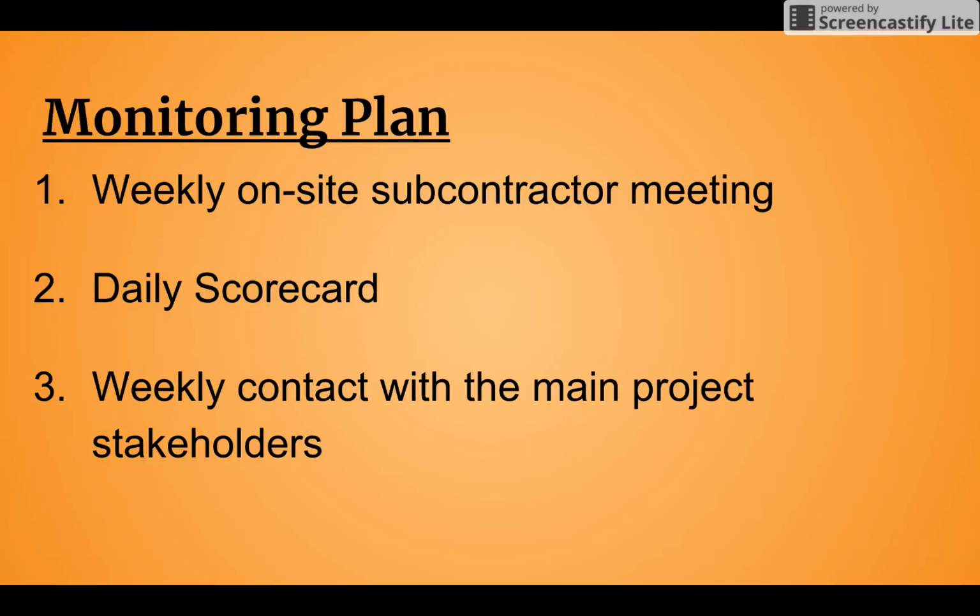The last monitoring tactic that will be used is basically just keeping in touch with the project stakeholders. Everyone involved in the project team for Calnan will be assigned someone from the guild that they need to keep in touch with, alert, and just talk to them and make sure that they know how everything's going.